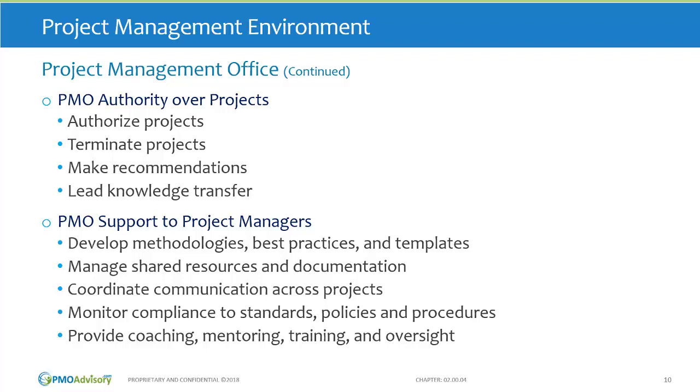Depending on the level of the PMO, whether it is consulting, controlling, or directive, typical PMO functions are to authorize projects, terminate projects, make recommendations on performance, and lead the knowledge transfer.